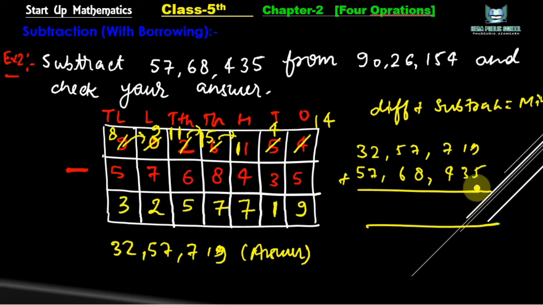9 plus 5 is equal to 14, carry 1. 3 plus 1, 4 plus 1 carry is equal to 5. 4 plus 7 is equal to 11 and we get 1 carry. 8 plus 7 is equal to 15 plus 1 carry 16, we get 1 carry. 6 plus 5 is equal to 11 and 1 carry is equal to 12 and here we also get 1 carry. 7 plus 2 is equal to 9 plus 1 carry 10, we get 1 carry. 5 plus 3 is equal to 8 plus 1, 9.